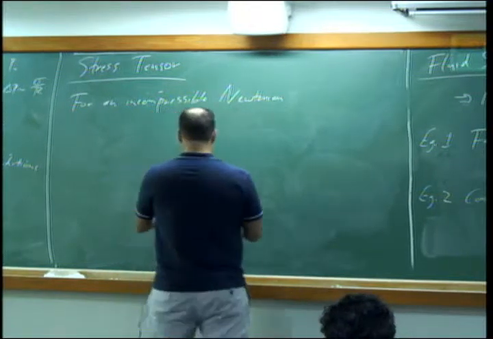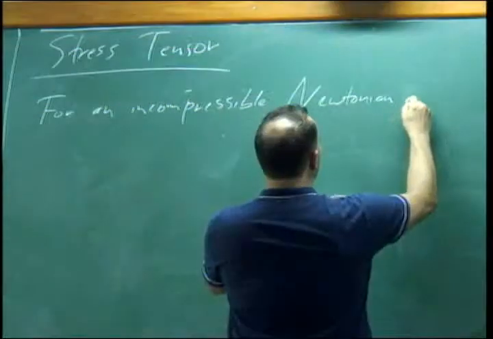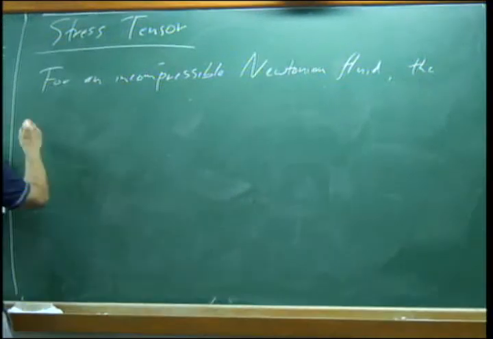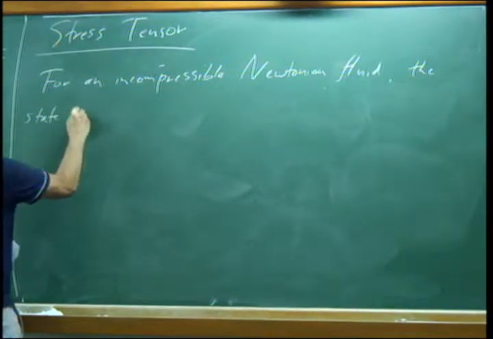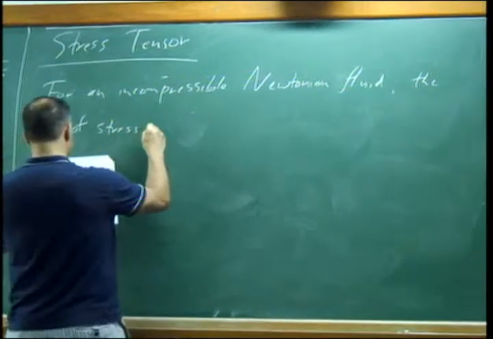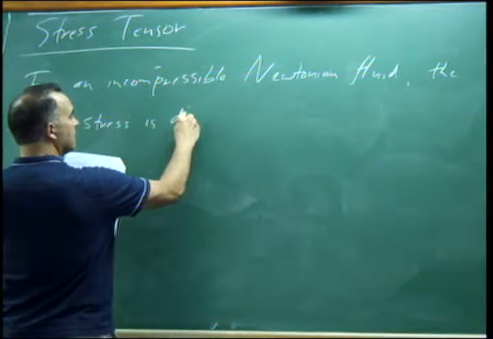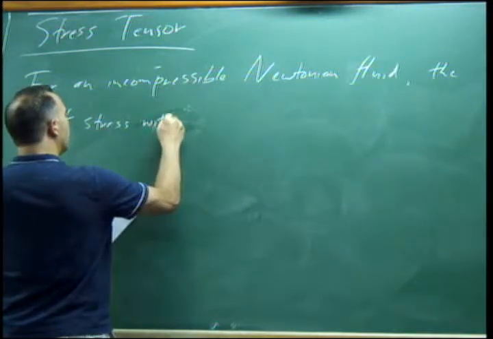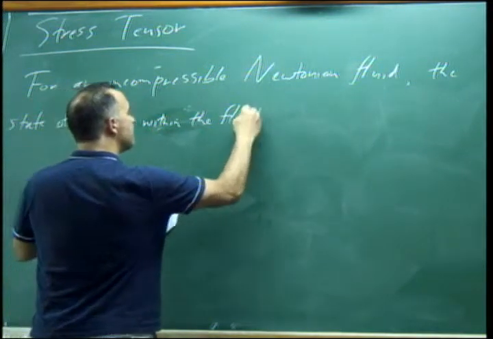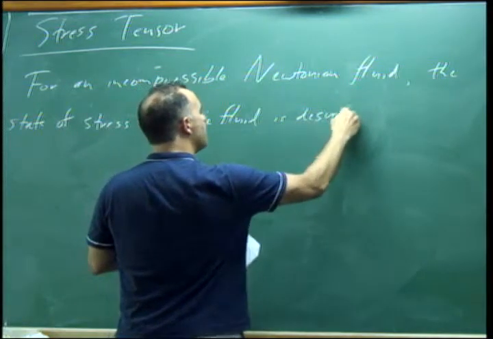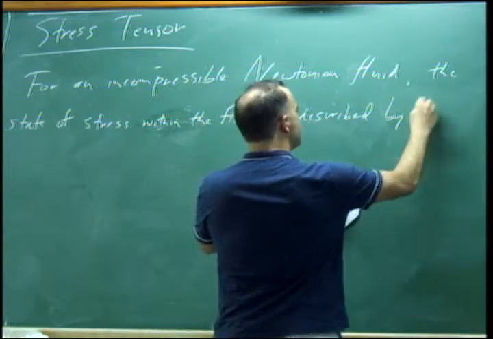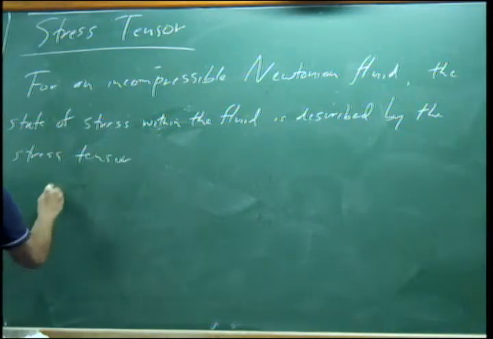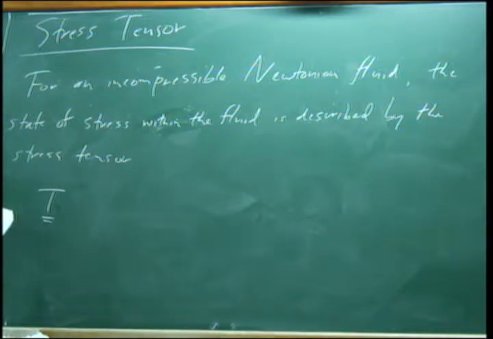Okay, so for a Newtonian fluid, the state of stress within the fluid, our stress tensor, is denoted by T, with a double underbar indicating it's a tensor.